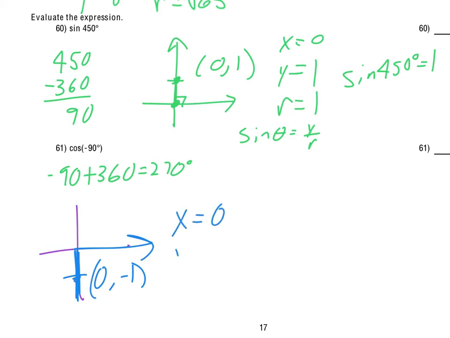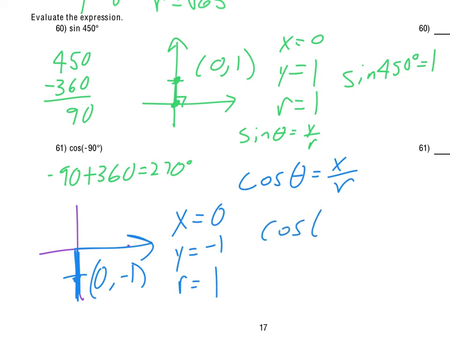So x is 0, y is negative 1. Now, r being a non-directional distance can't be negative, so it's just a positive 1. Cosine, though, is x over r. Again, notice the pause there. I still have to think about these things for a second. So cosine is x over r. Our x is 0.